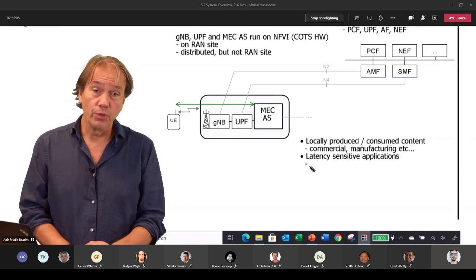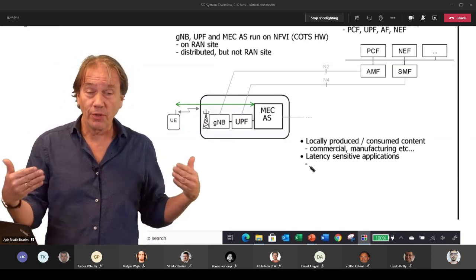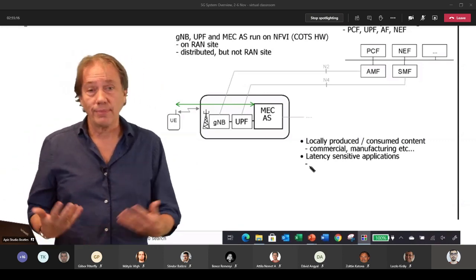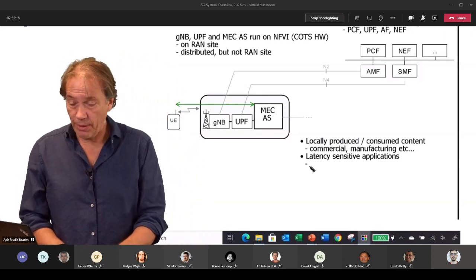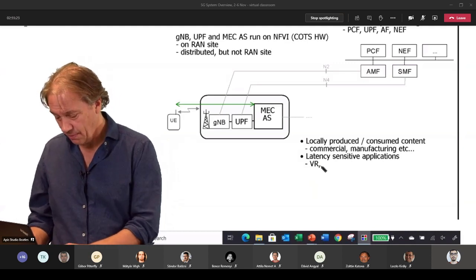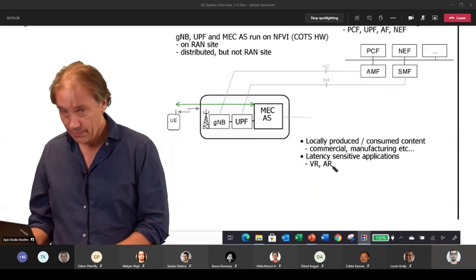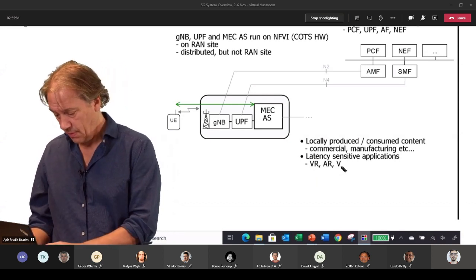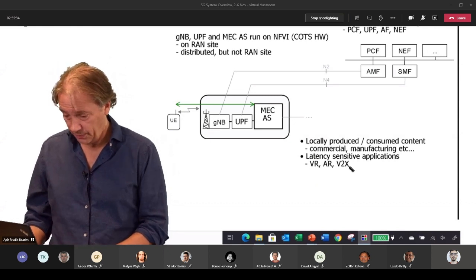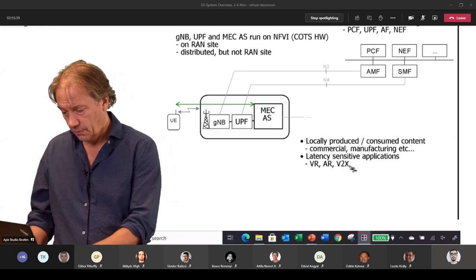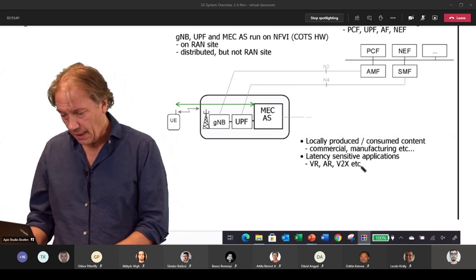If we talk about vehicle-to-vehicle communication for collision avoidance and stuff like that, if there are too long delays, there will be collisions. So VR, AR, virtual reality, augmented reality, V2X, etc.